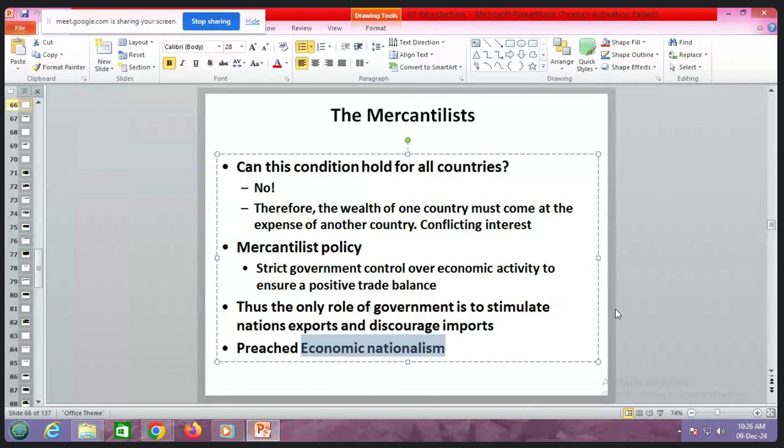Remember, mercantilists existed in the 17th century, and this theory is alive even today. Economic nationalism: Made in India.